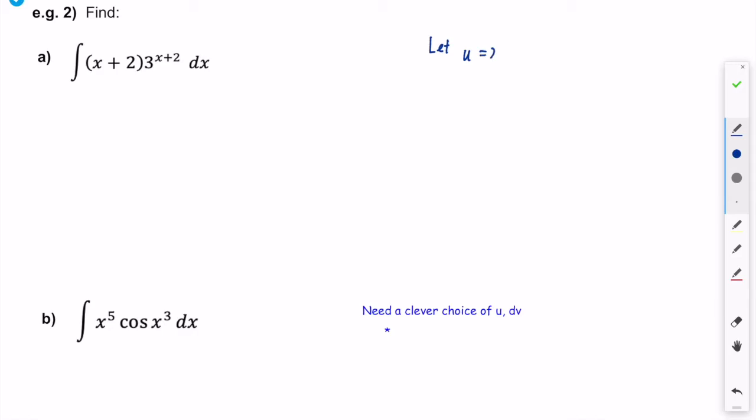Let u be x plus 2, and then dv be 3 to the power of x plus 2 dx. du turns out to be dx. v is going to be 3 to the power of x plus 2 over ln 3. You can find this formula in the formula booklet if you don't remember it.